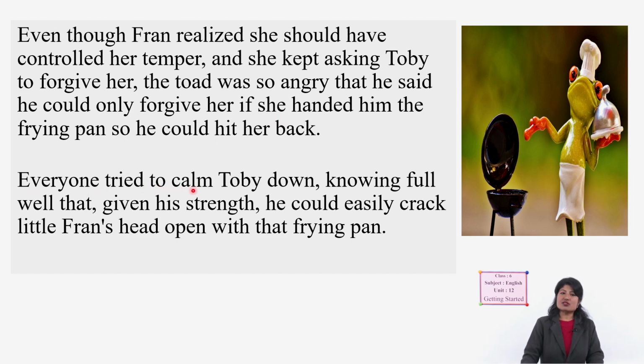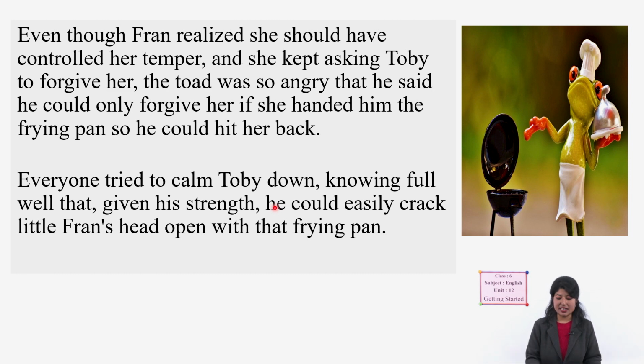Everyone tried to calm Toby down, knowing full well that given his strength, he could easily crack little Fran's head open with that frying pan. Everyone over there knew that if Toby was given the pan, he would bang Fran, and it could give a bad injury to her head. That's why that was not acceptable.